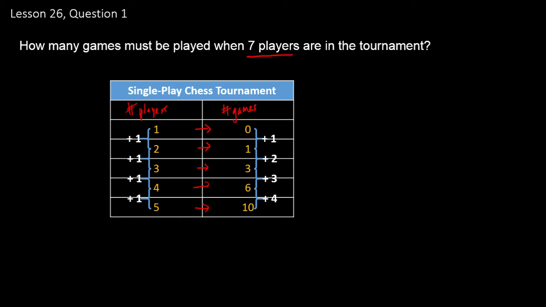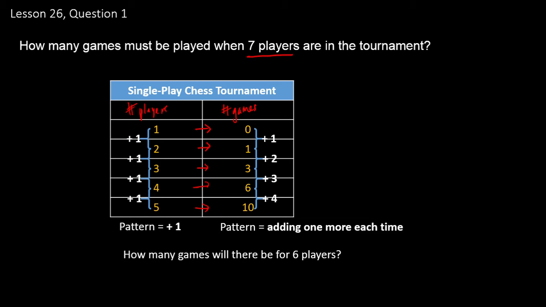Each time you add a player, we can see that you add 1 more than the number of games you added last time, right? So it's kind of a weird way to explain that, but again, our pattern is that we're adding 1 more player each time, and then our games increments by 1 more.